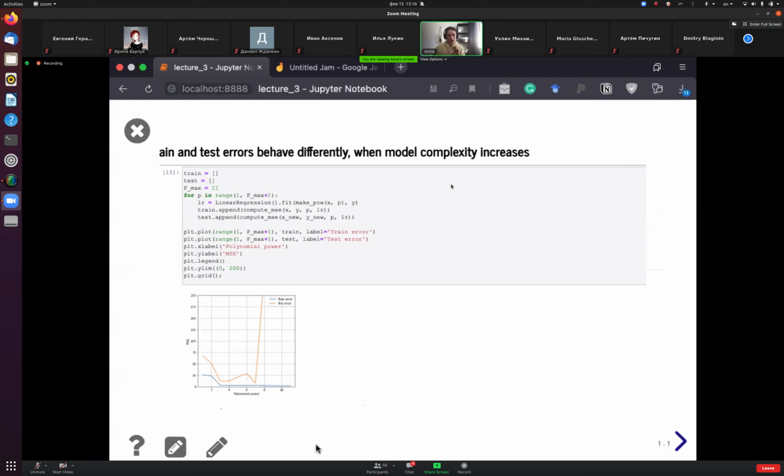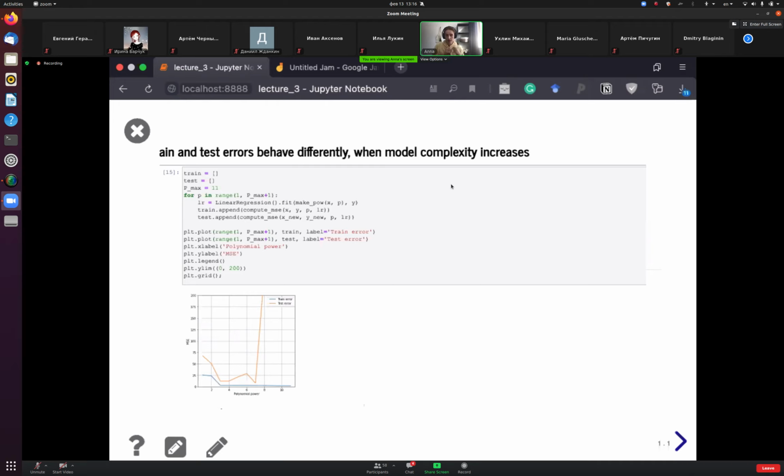So the blue line, which is the train error, I hope it's not as small as for you, keeps decreasing when we increase the complexity, even though at some point we know that the model starts behaving pretty weirdly. The orange line, on the other hand, in the beginning decreases for some time.